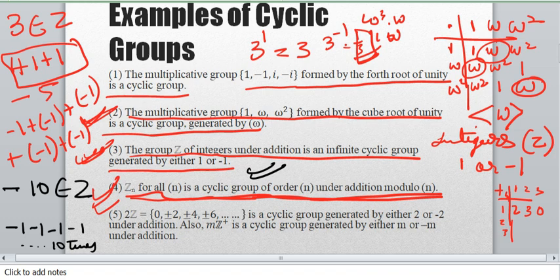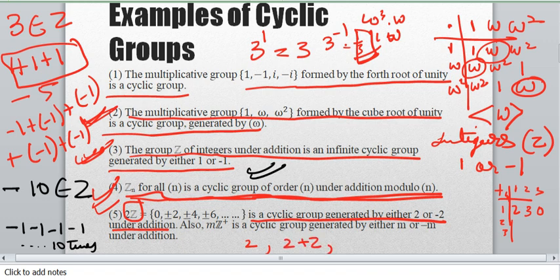Moving on to the fifth one, 2Z is equal to 0, plus minus 2, plus minus 4, plus minus 6 and so on. Plus minus means integers, so it will be negative and positive. It is also a cyclic group generated by either 2 or -2. You can see over here it's 2Z under addition. If you need 2, then 2, and if you need 4, then you will do 2 plus 2.